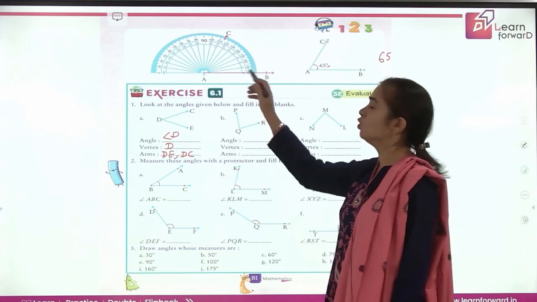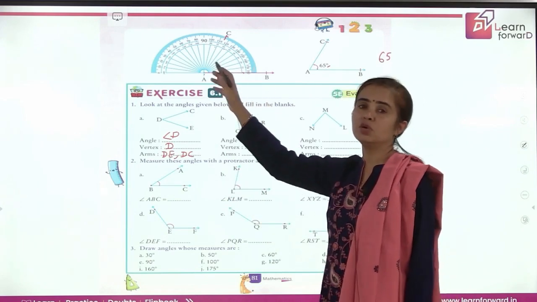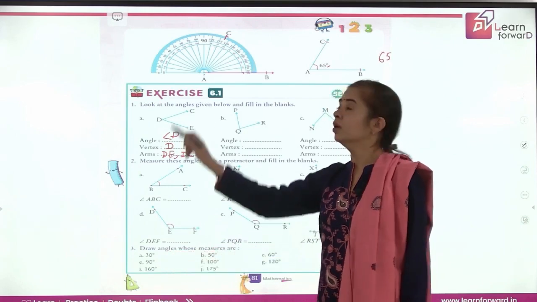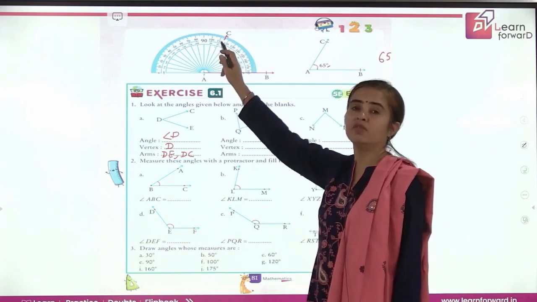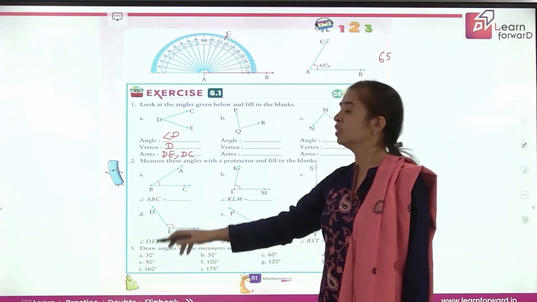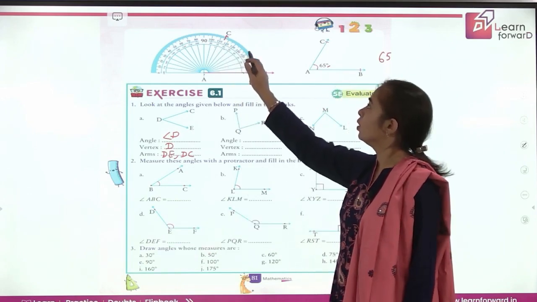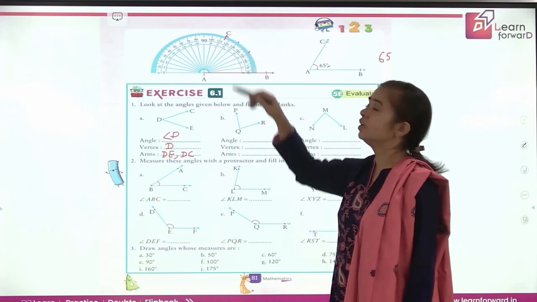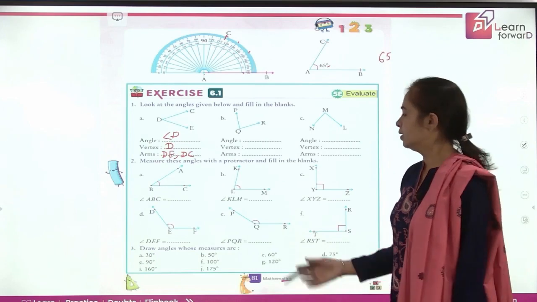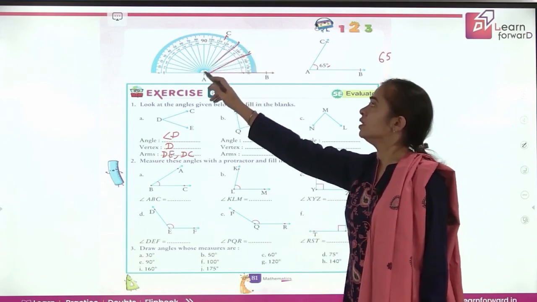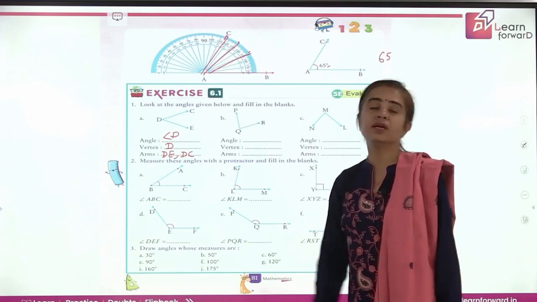So once it overlaps, read from 0 up to the degrees you want to draw the angle for. Put a dot like we have put here for C for 60 degrees. Similarly, when you want 30 degrees, just make a point at 30 degrees. For 50 degrees, just make a point at 50 degrees. Okay, and then remove your protractor and join these. You get 30 degrees, 50 degrees, like this you get 65 degrees.